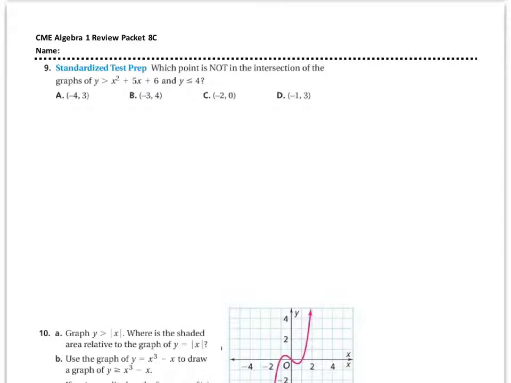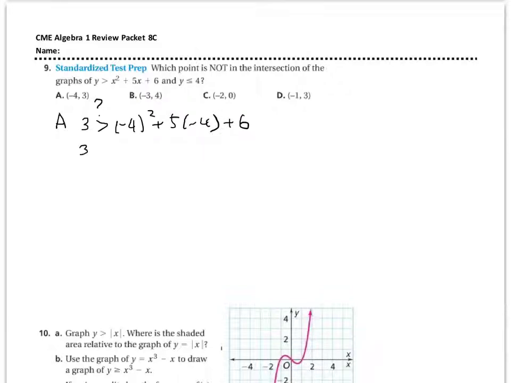Standardized test prep. Which point is not in the intersection of the graphs of y is greater than x squared plus 5x plus 6 and y is less than or equal to 4? We can plug in some numbers to see if it works. Let me just do A. So y is 3 here. Is it greater than negative 4 squared plus 5 times negative 4 plus 6?